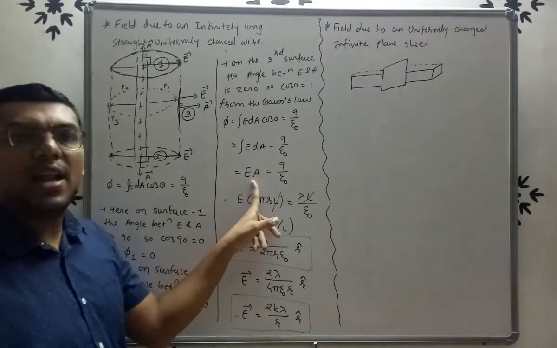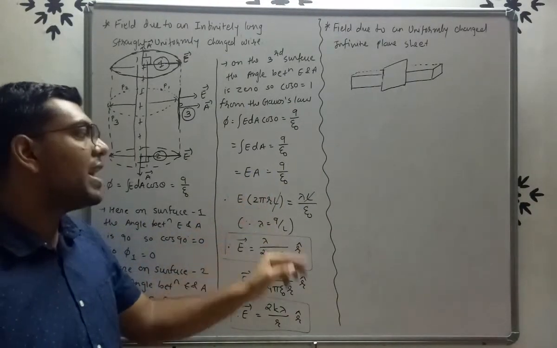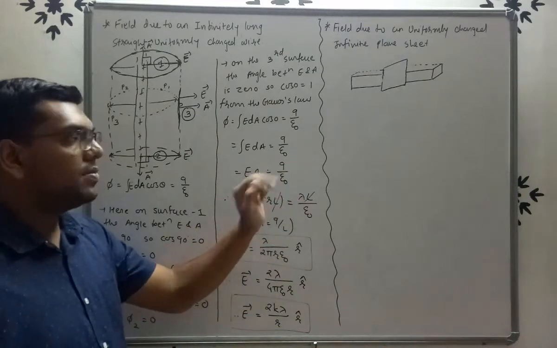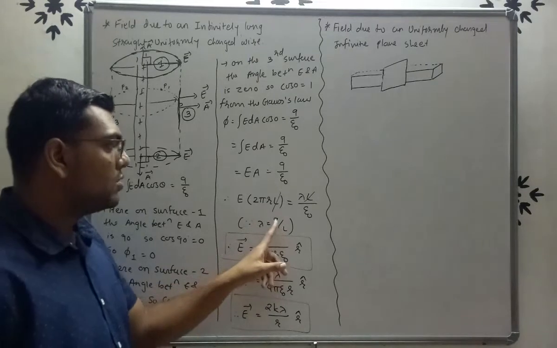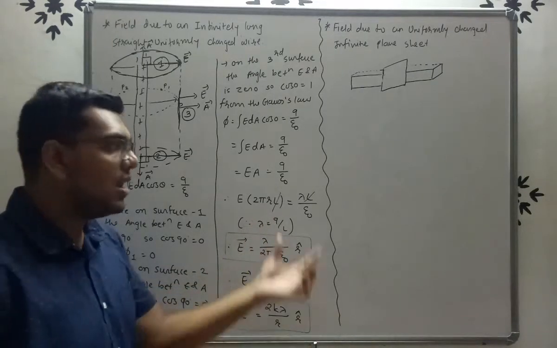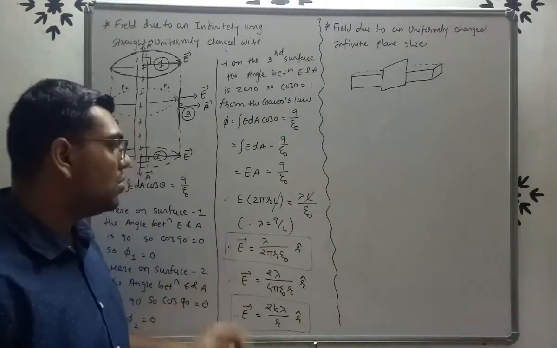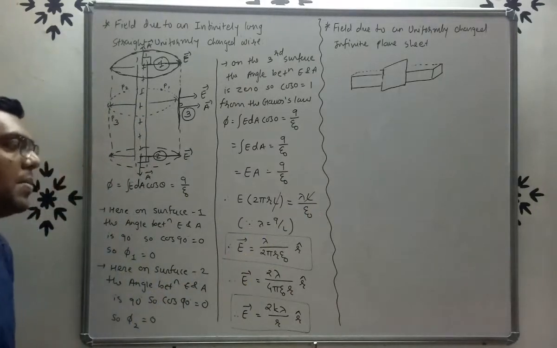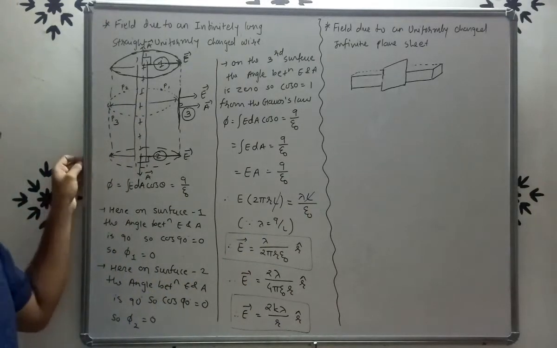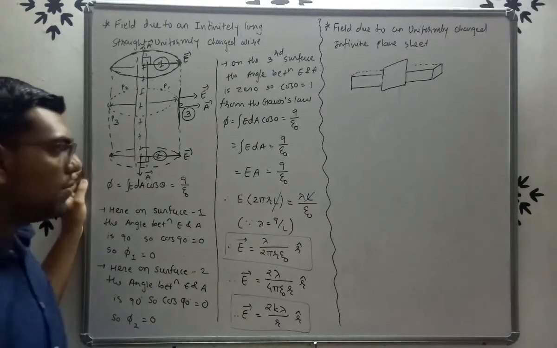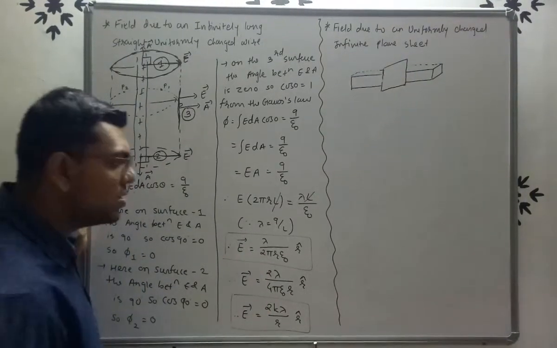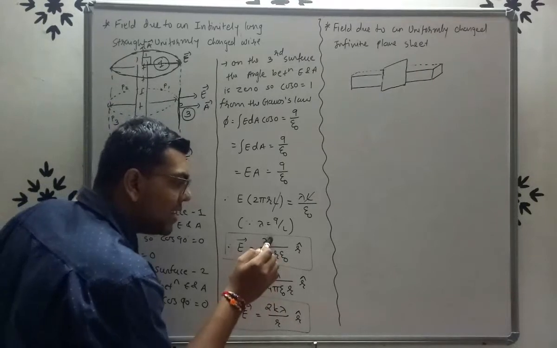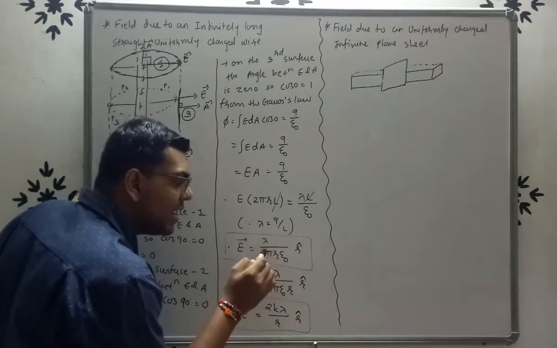But we know the formula, A is equal to 2 pi R l. We know that linear charge density lambda is equal to q by L. So q is equal to lambda into L. L cancels. So electric field E is equal to lambda upon 2 pi R epsilon 0. If we want to write electric field in terms of the Coulomb constant, we multiply and divide this equation by 2.